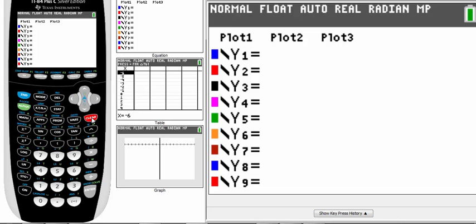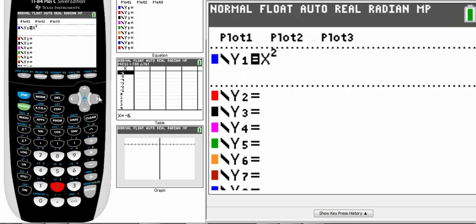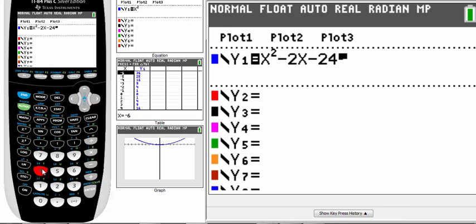We're going to be graphing x squared, so here's your x key, then the exponent squared. If you have a caret there, that's fine as well. Minus 2x minus 24. I don't have to put in the equals 0 because this is already y equals, so that's taken care of.